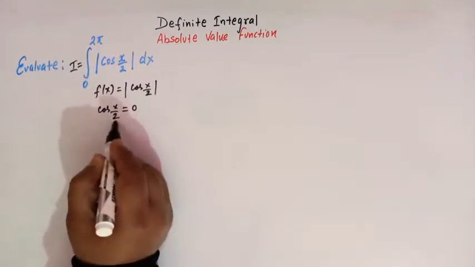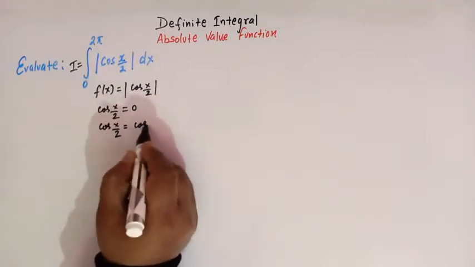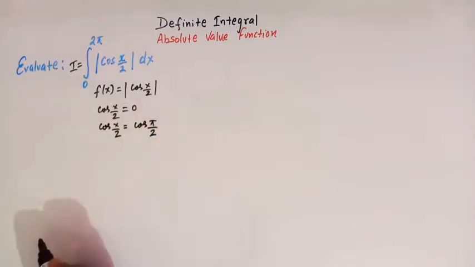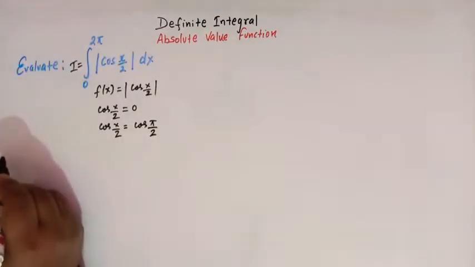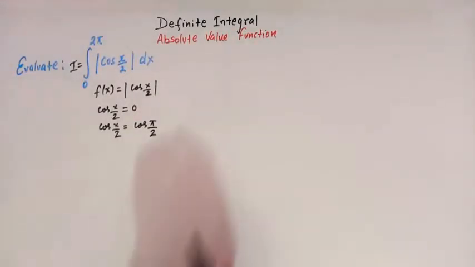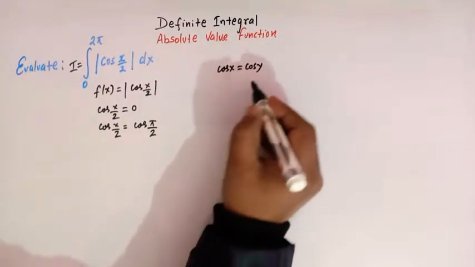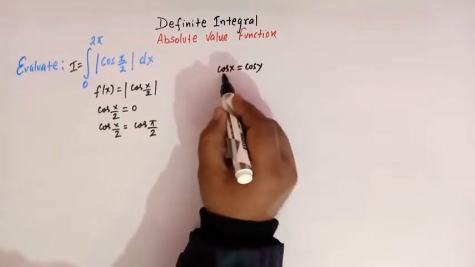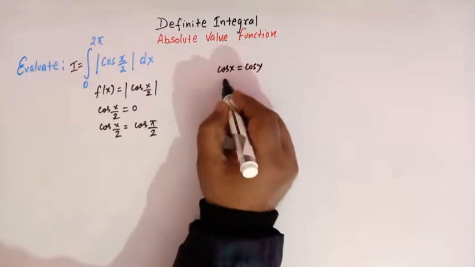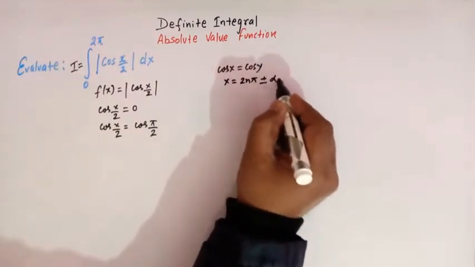Now cos x over 2 is equal to 0, so we can write cos x over 2 is equal to cos pi over 2, because cos 90 is 0. Here we'll make use of the concept of trigonometric equations, which says that if we have cos x equal to cos y, then the general solution is given by x is equal to 2n pi plus minus y.